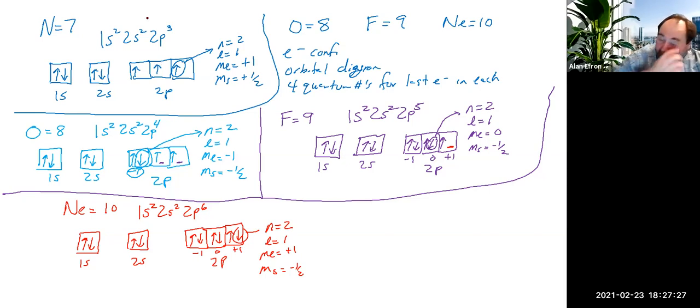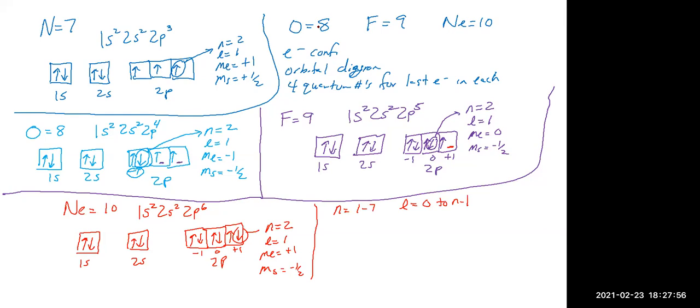Sure. M sub L is, just a reminder, one of those 4 quantum numbers. n has values of 1 through 7, and it's really just the energy levels. L has values that run from 0 to n-1. So for any n value, you could have values of L that go from 0 to n-1.